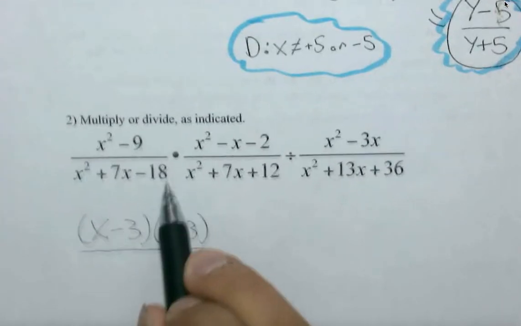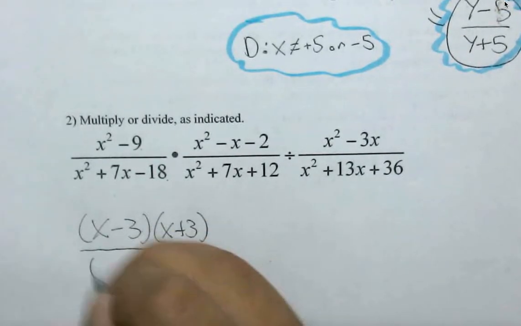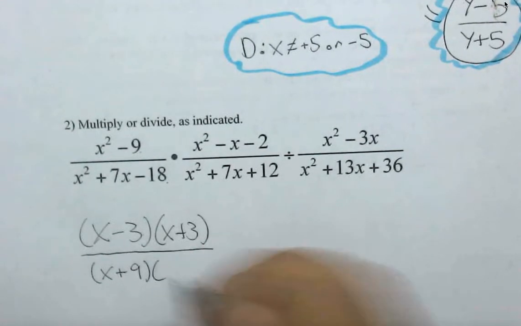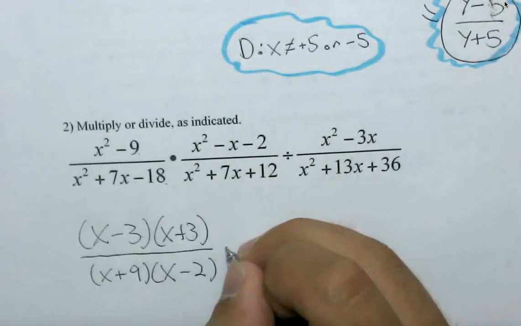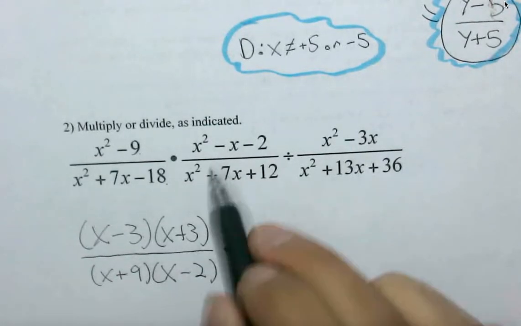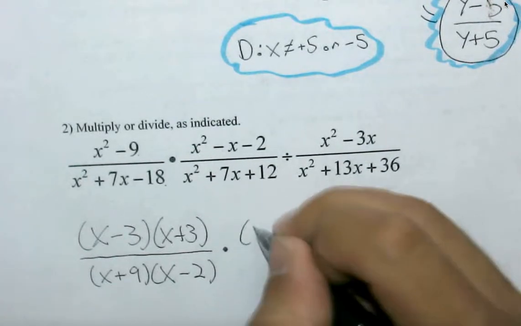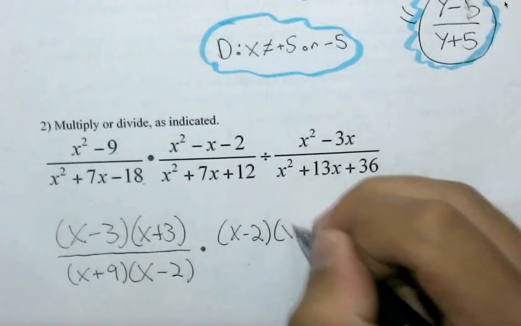We have a product of negative 18, sum of 7. So this should be x plus 9, x minus 2. This is then multiplying with x squared minus x minus 2, which is really simplified to x minus 2 and x plus 1.